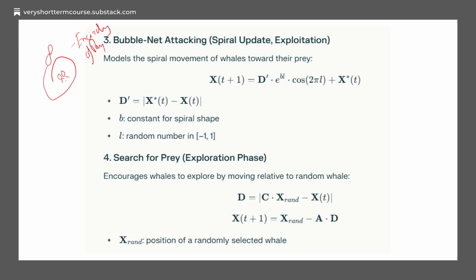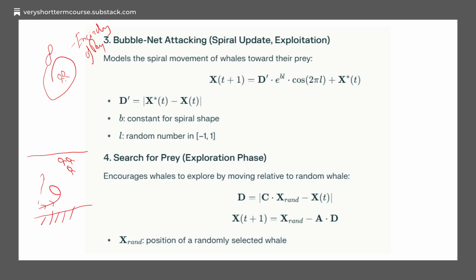Another method is this one, spiral update or exploitation, also known as bubble net attacking. Here the whales move from below to the surface. If this is the sea surface and this is the sea bottom, the whale moves from here to here. And when they spot their prey near the surface or middle of the sea, they move in a spiral manner, in a shape like 9, the numerical digit 9.